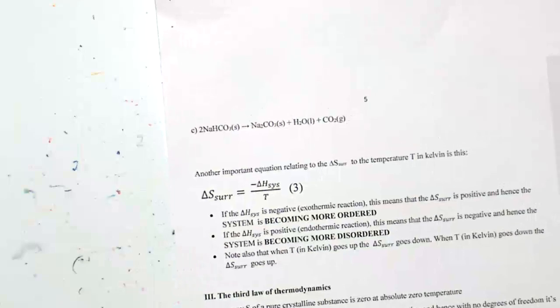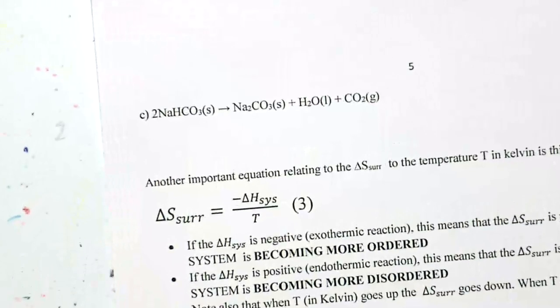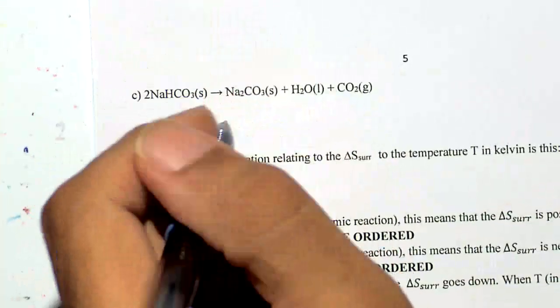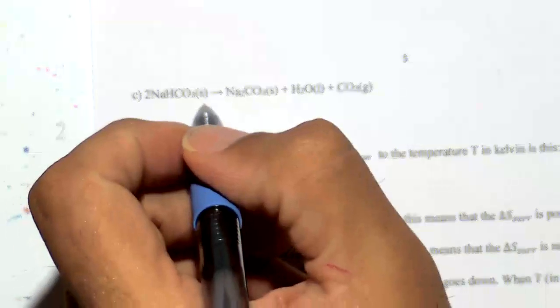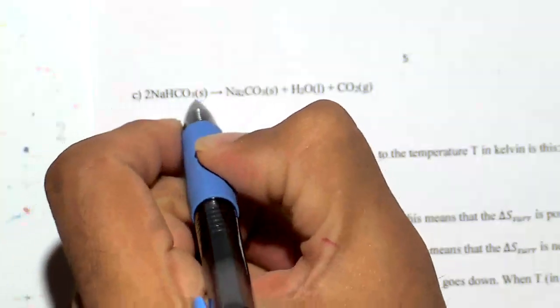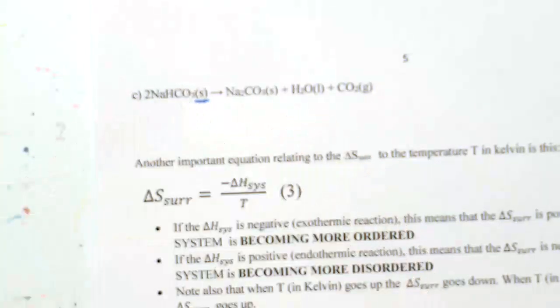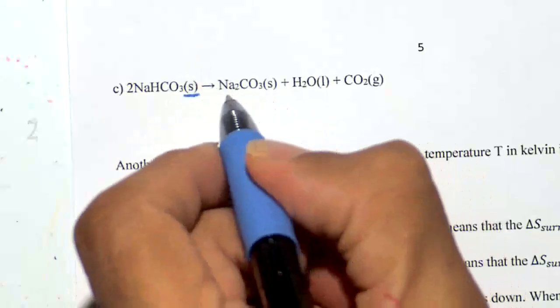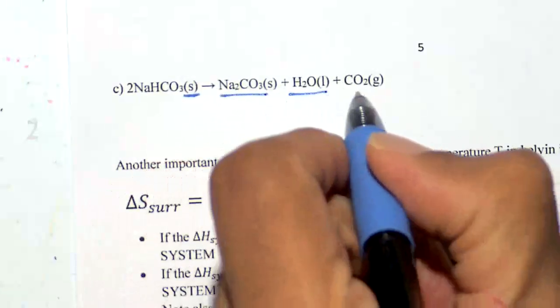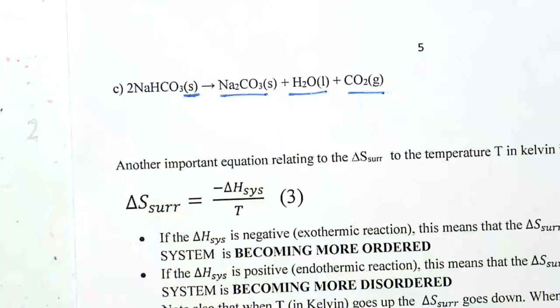Where did it go? Okay, there it is. All right, so let's see if this is positive or negative. You have a solid, 2 solid, okay, and it's going to make 1 solid plus 1 liquid plus 1 gas.